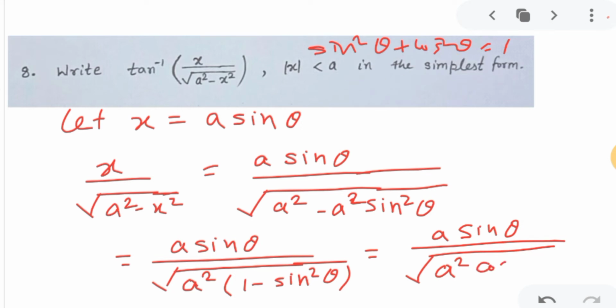So a square cos square theta, and the square root of a square will come outside, so it will be a sin theta divided by a cos theta, and the square root of cos square theta will be cos theta, correct?